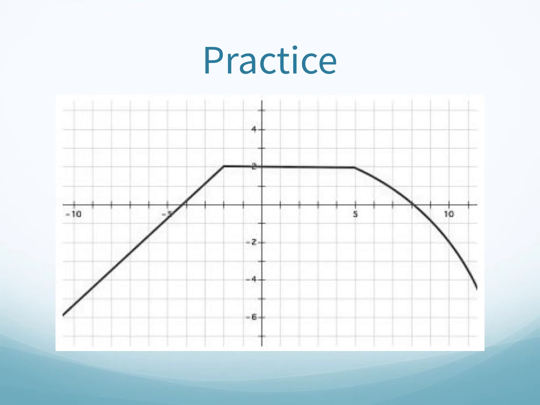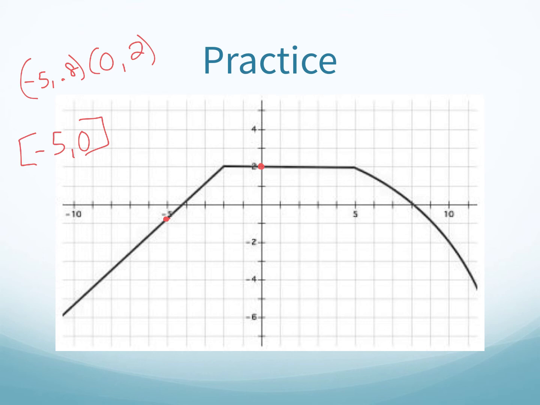So now if I look at this one, what my rate of change is depends on what interval. So let's look at the interval -5 to 0. So -5 is right here, and then 0 is here. So my points are going to be (-5, -0.8) and (0, 2).